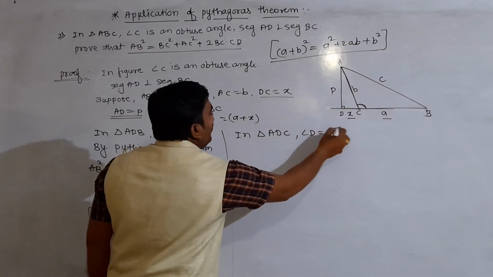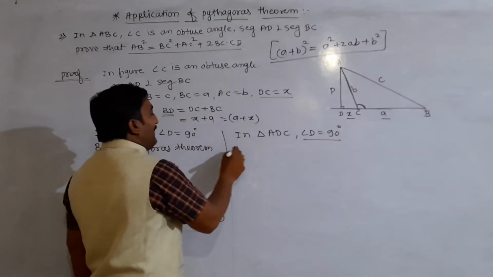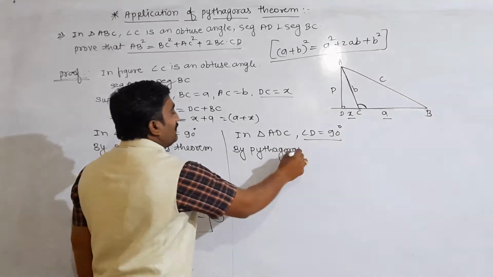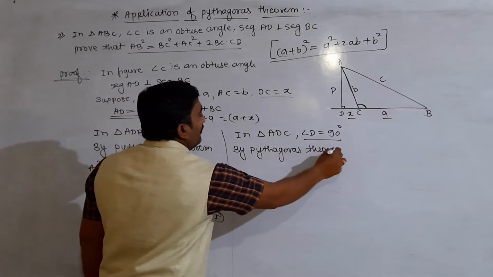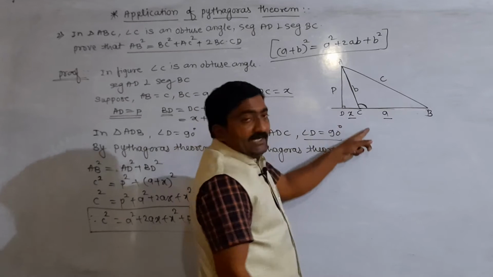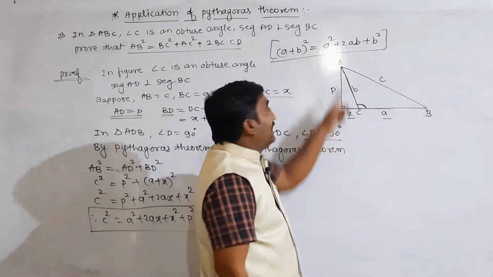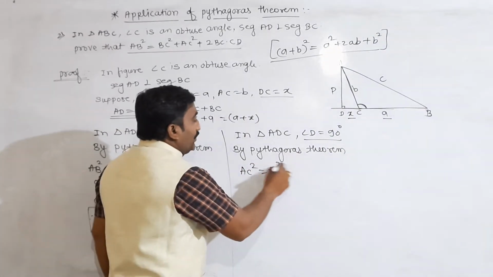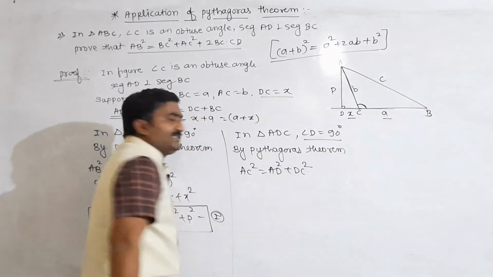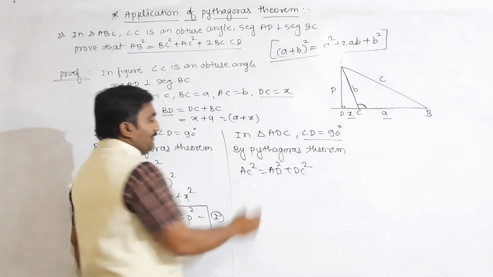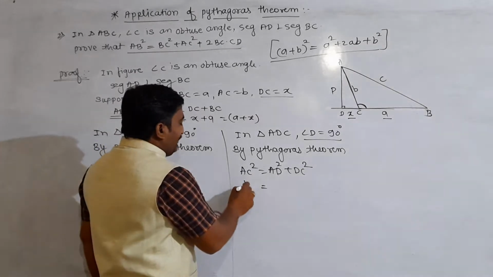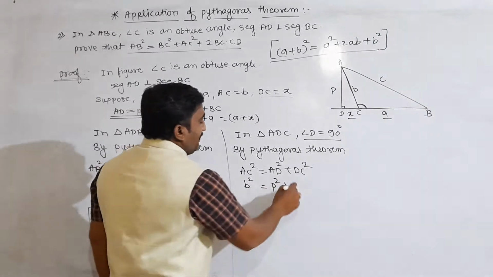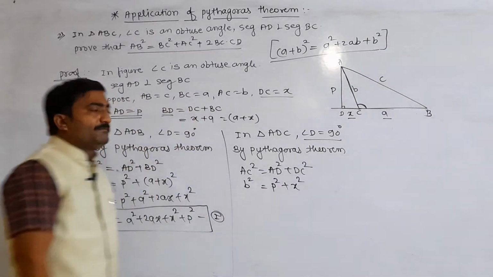Then in triangle ADC, angle D is equal to 90 degrees. So by Pythagoras theorem, in triangle ADC, which is a right angle triangle, AC square is equal to AD square plus DC square. Then AC square means b square is equal to AD square means p square plus DC square means x square.